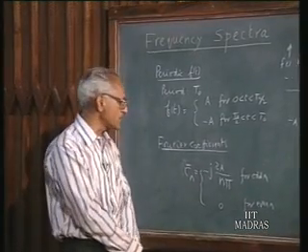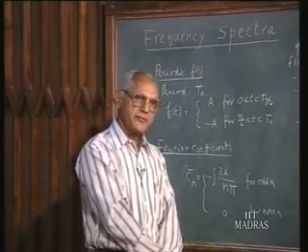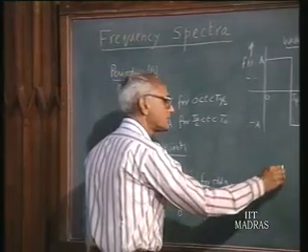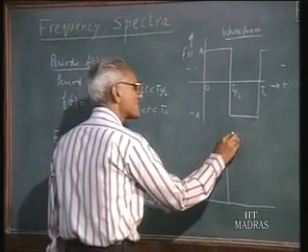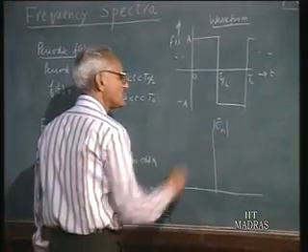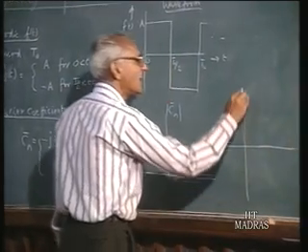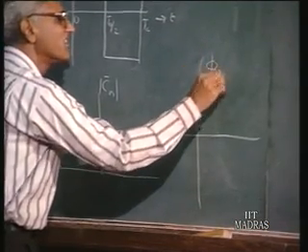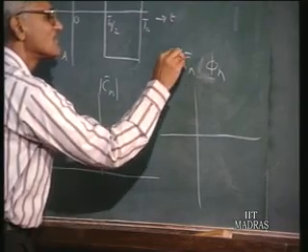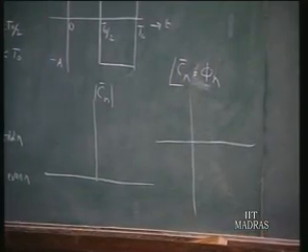There are two parameters associated with each value of Cn. Therefore, a convenient way of doing this would be to plot the magnitudes of Cn for different values of n, and the angle associated with Cn, which we call phi n, for different values of n.